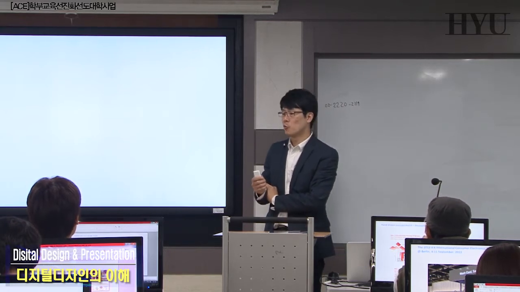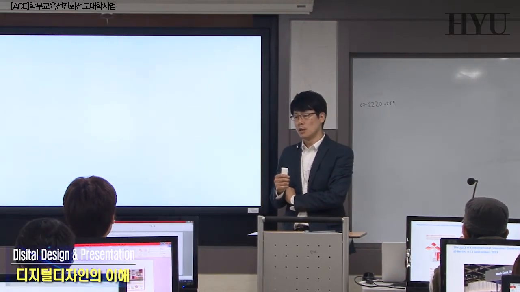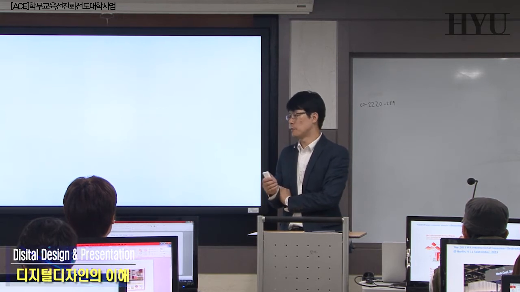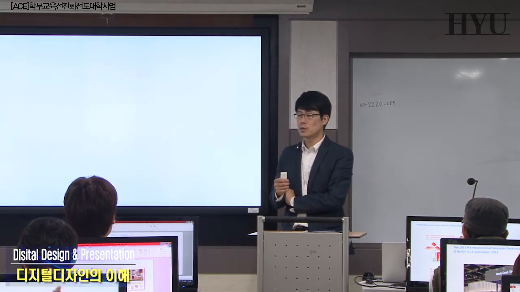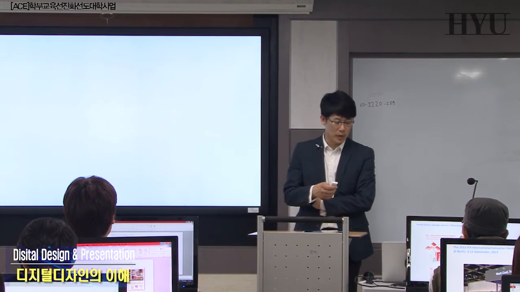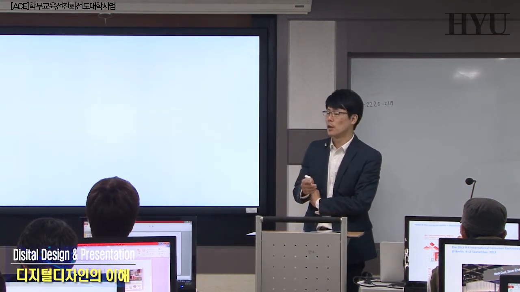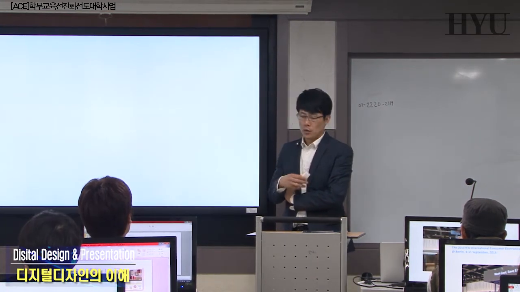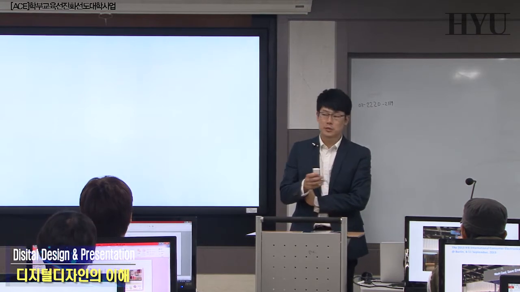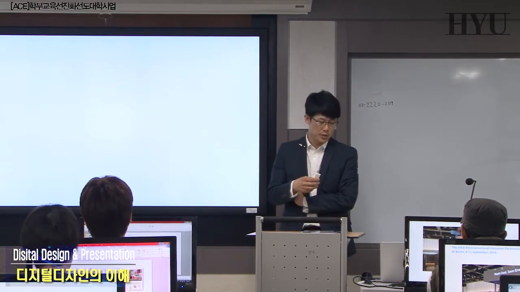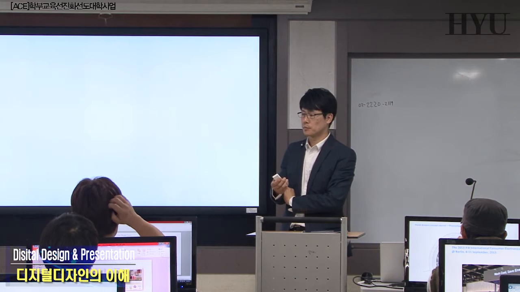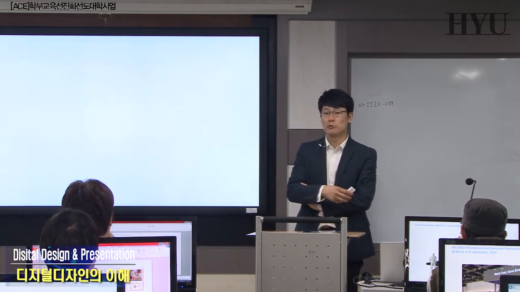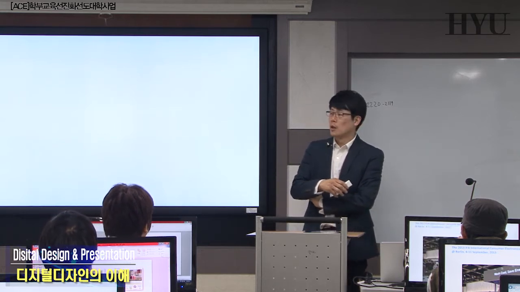But anyway, we have learned AutoCAD, SketchUp, Photoshop, and something else. For your final project development, we're going to use something like that. But anyway, today's lab exercise is going to deal with some additional features, additional design approaches, something beyond what we have learned in this semester.